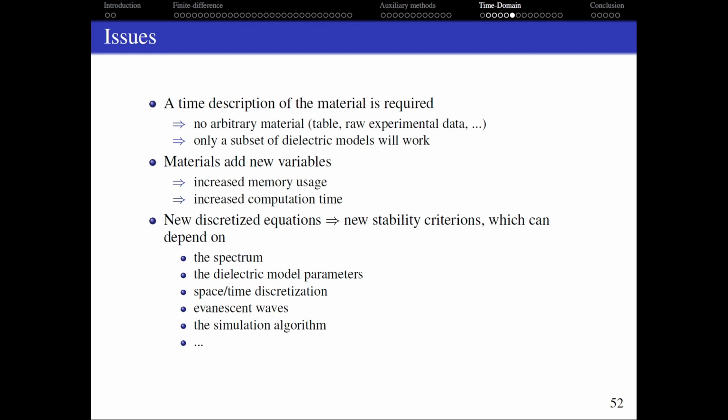The issue is that sometimes you will see that your material is going to behave very strangely. For instance, let's say you simulate something, it seems to be working well at first, but as the simulation goes on, you start seeing the field increasing inside the window.